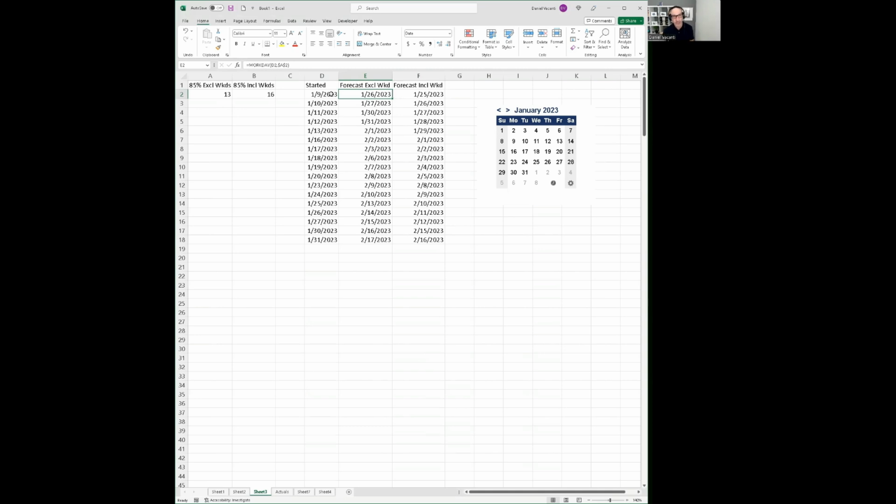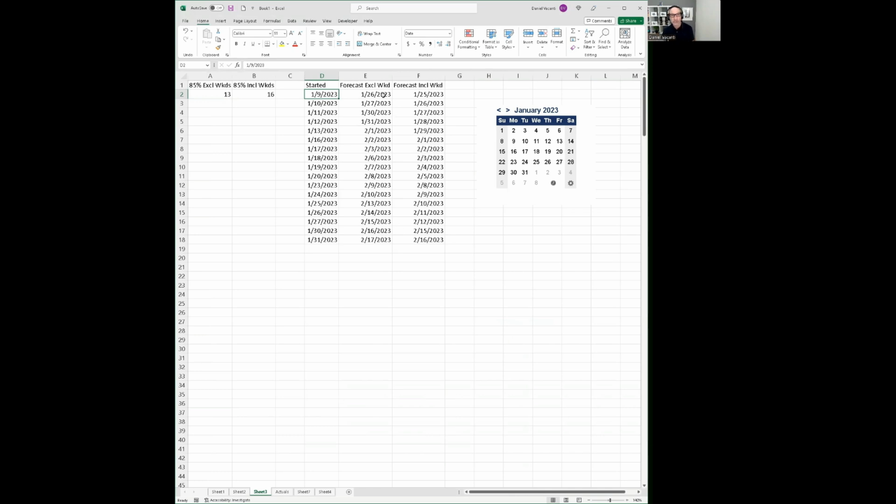What's going on here is, when you do January 9th plus this 13, remember our SLE excluding weekends is 13 days. When we add this 13 days to January 9th, because we're excluding weekends in the calculation of the cycle time, we also have to exclude weekends in the forecast.